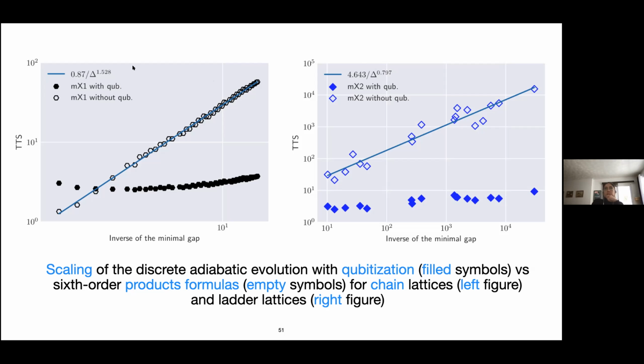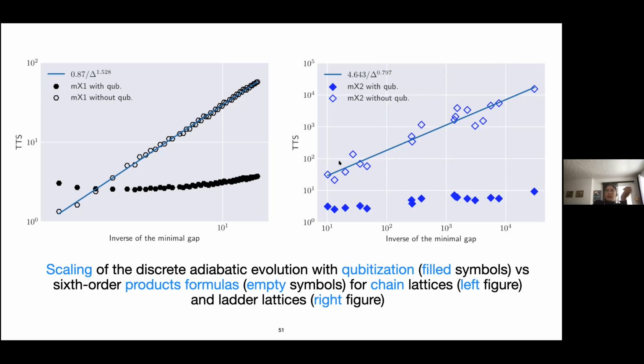The first thing is that this 1 over the gap squared is an upper bound, and it highly depends on the problem you're looking at. And here we even see that we seem to have a dependency not only on the gap, but on the lattice shape. We could expect the 1D case, which is a simpler problem, to have a better scaling than the ladder version of it, but it doesn't seem to be the case.